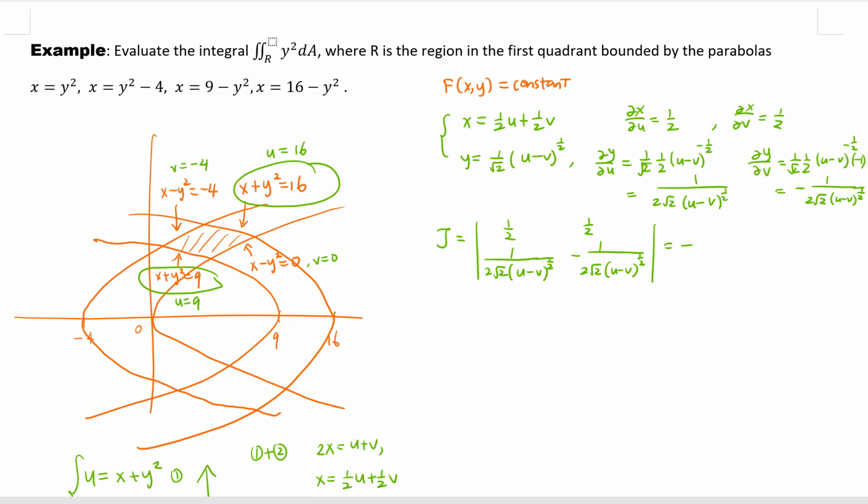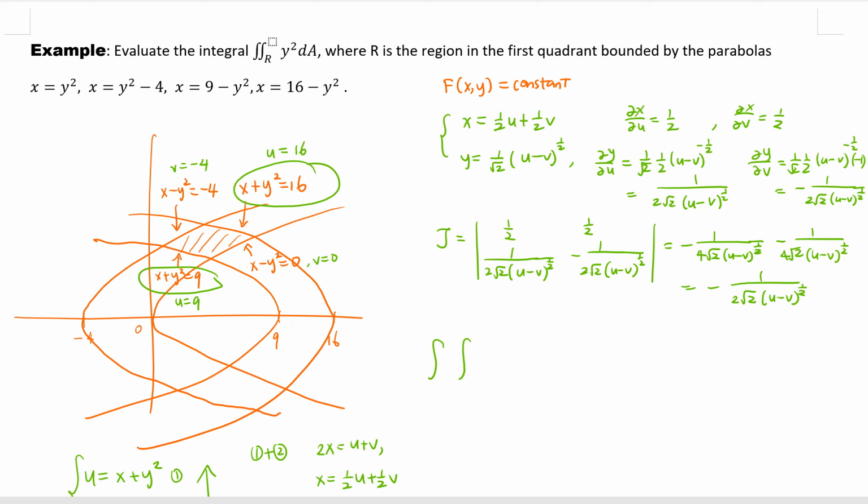Cross multiply, we get minus 1/4 square root of 2 u minus v to the 1/2 minus the same thing. 1/2 times 2√2 is 4√2 u minus v to the 1/2. This is the same as negative, the 2 and 4 cancel, we get 2√2 u minus v to the 1/2. Whew, okay.